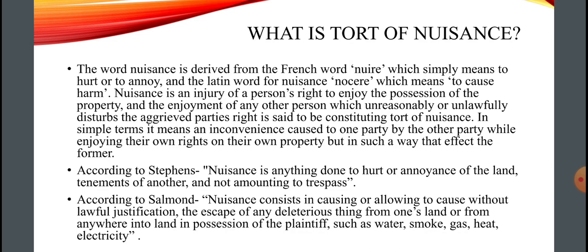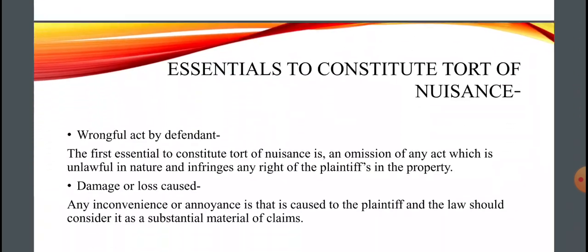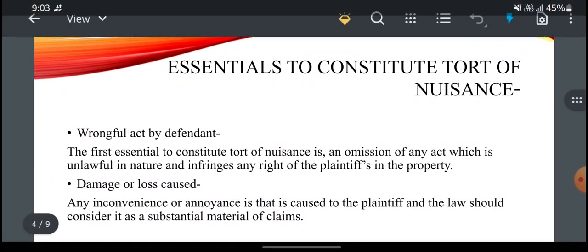According to Salmond, nuisance consists in causing or allowing to cause, without lawful justification, the escape of any deleterious thing from one's land or from anywhere into land in possession of the plaintiff, such as water, smoke, gas, heat, electricity, etc. Tort of nuisance is a wrong committed against a person's right over their own land, during the enjoyment of the other person's right over his own land, but in a way which affected the rights of the former. Now, what are the essentials to constitute tort of nuisance?